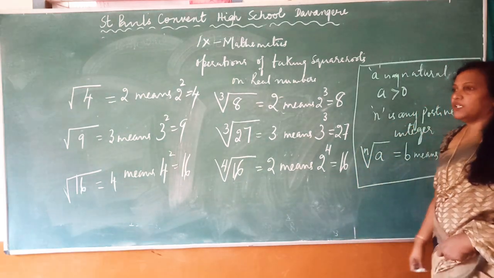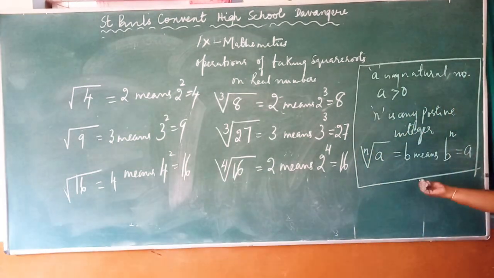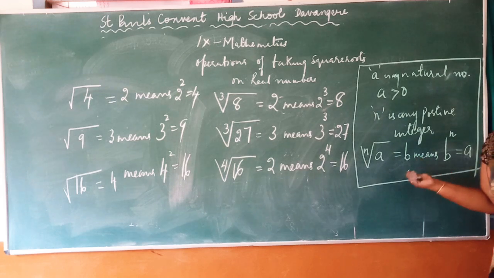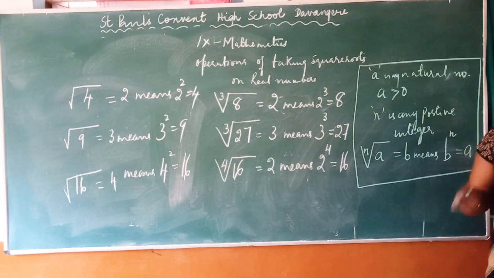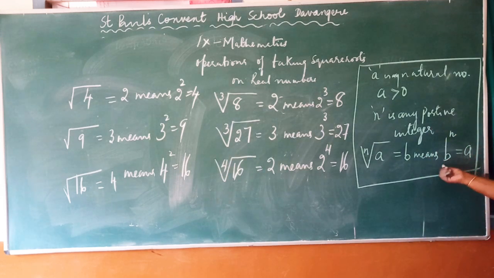So this is the general conclusion, doing the operations of square root, cube root, fourth root. Finally, B to the power of n is equal to A.